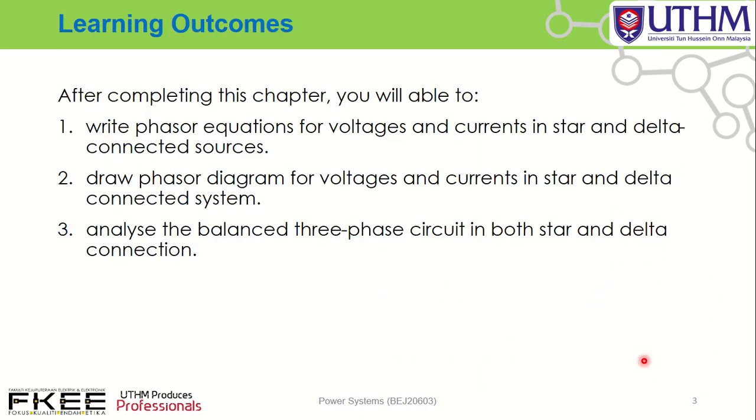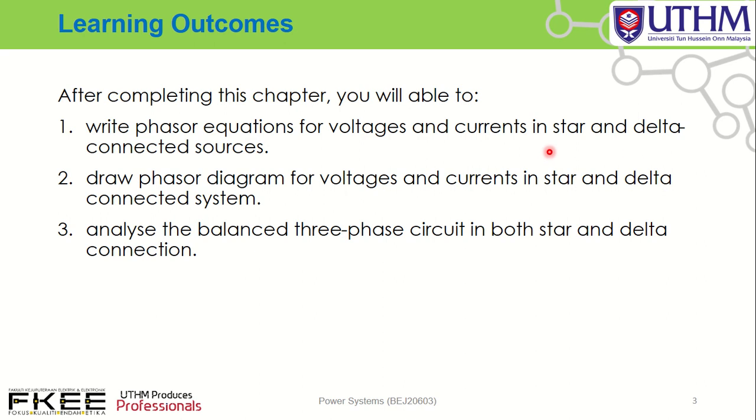Basically, this is our learning outcome. At the end of this chapter, you should be able to write the phasor equation for voltages and currents in both star and delta connected sources. The keyword actually is star and delta connected source.